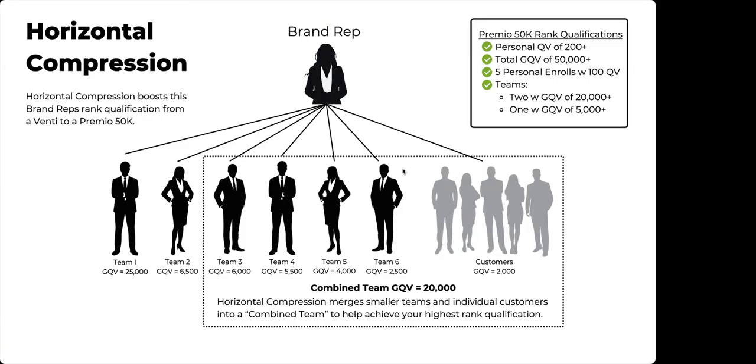In this scenario, for example, this is the brand rep, this is you, and let's say you've got 6 different team leads frontline to you, either your direct enrollments or placed by uplines, and then you've got a whole bunch of customers frontline to you as well, because you've sold to a lot of consuming customers, and that's great.